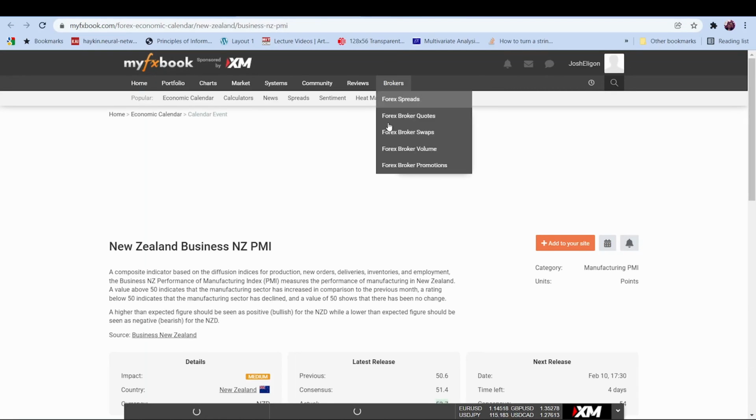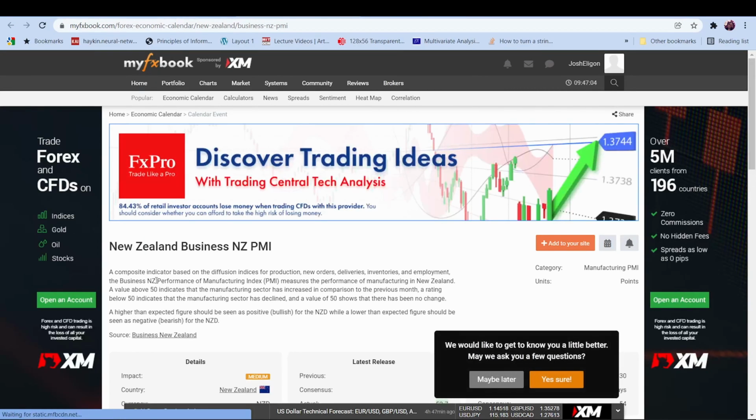So if you don't know what this is, let's just go over it quickly. It's a composite indicator based on the diffusion indices for production, new orders, deliveries, inventories, and employment. The BusinessNZ performance of manufacturing index, also known as PMI, measures the performance of manufacturing in New Zealand. A value above 50 indicates that the manufacturing sector has increased in comparison to the previous month.